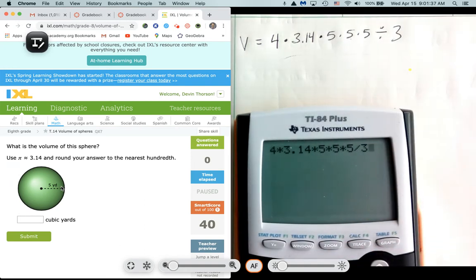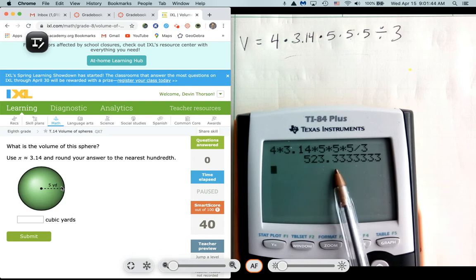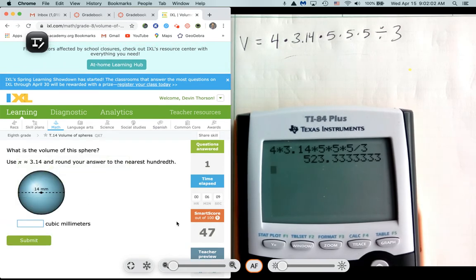Now I hit enter, and I get my final answer of 523.33. It says to round to 2 decimal places. Since this is a 3 here, I'm going to leave that a 3. So I come over here, type in 523.33, and hit submit. And it says brilliant, great job.